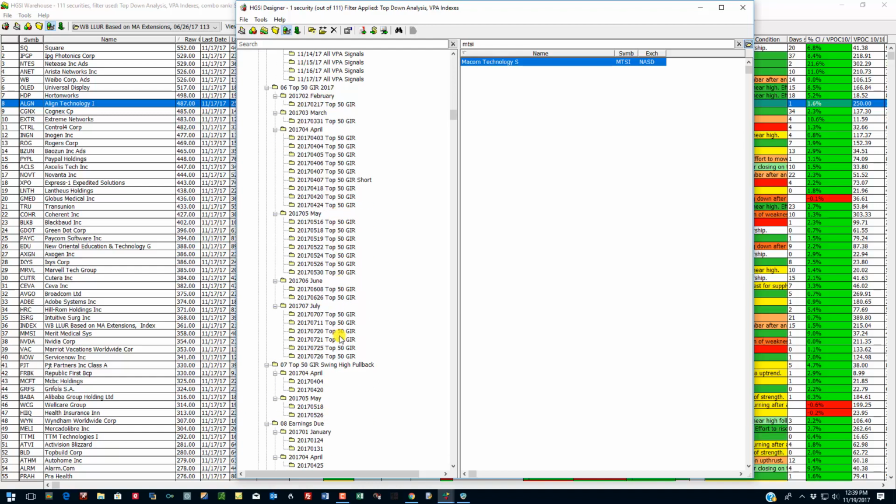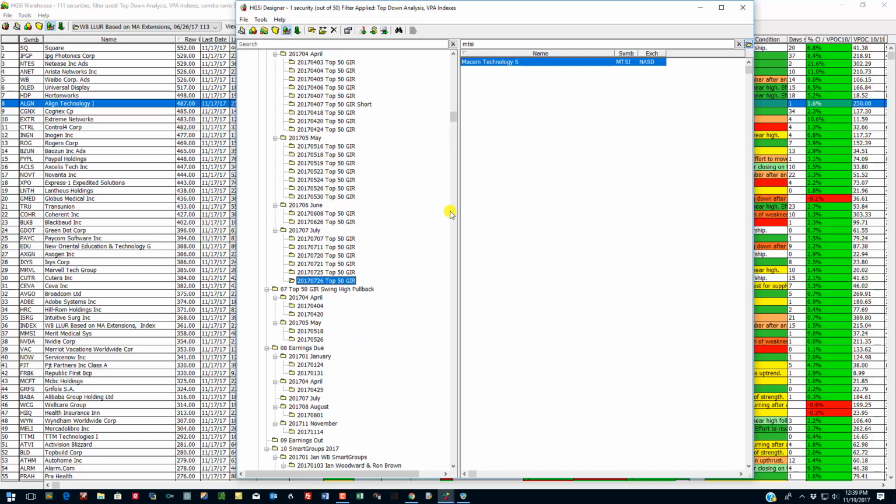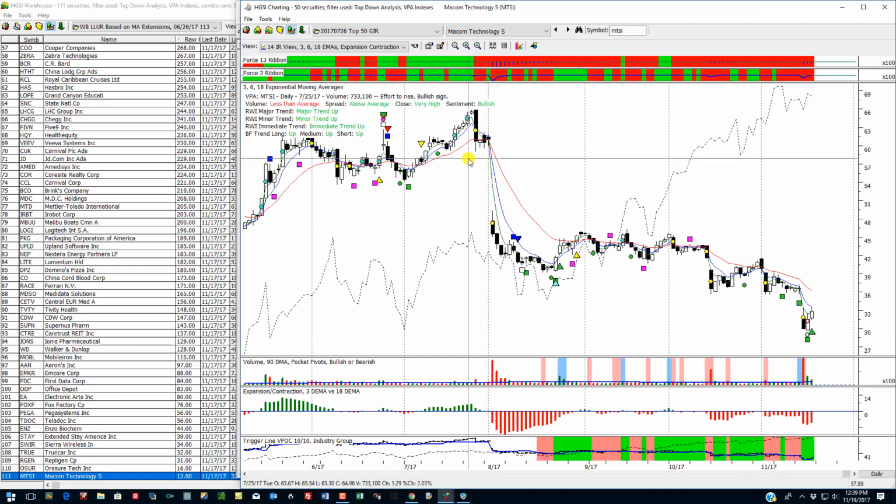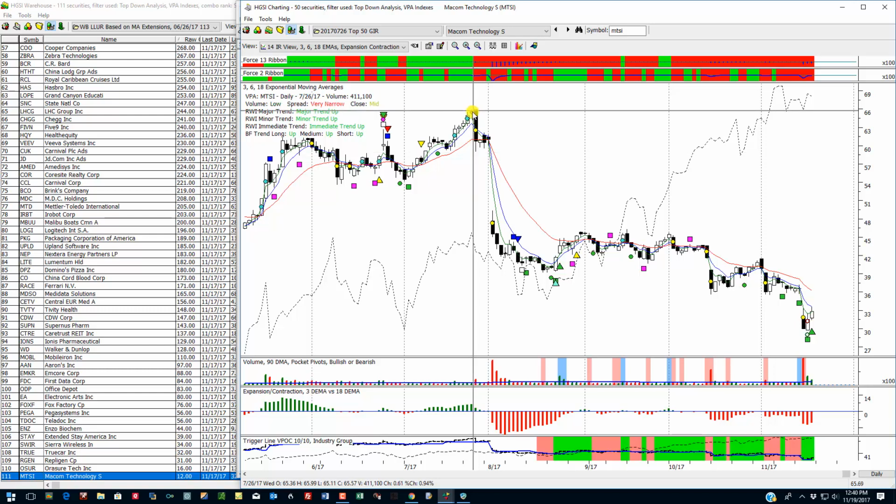So here's the top 50 GIR. Through July, it was there as late as July 26th. Let's take a look at it. Okay, here's July 26th right here. And then after this big drop, it disappeared.